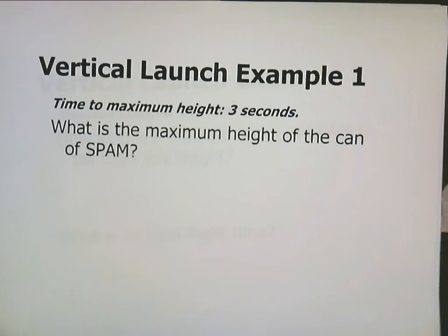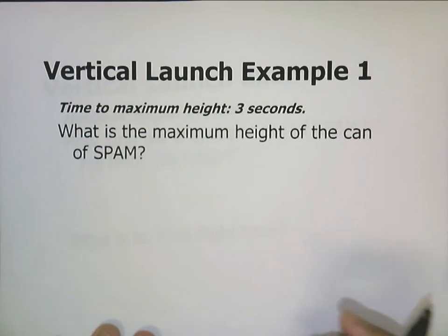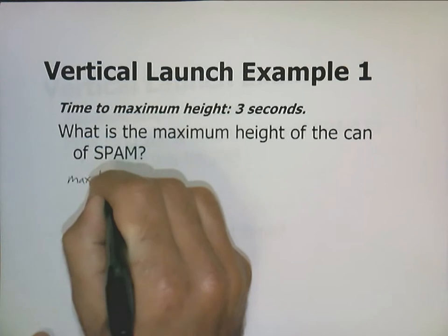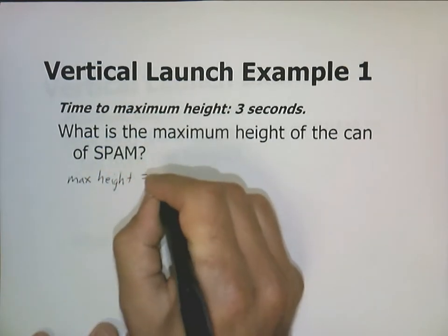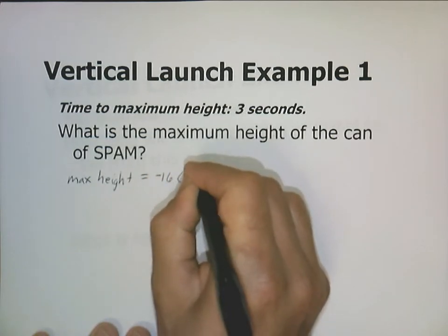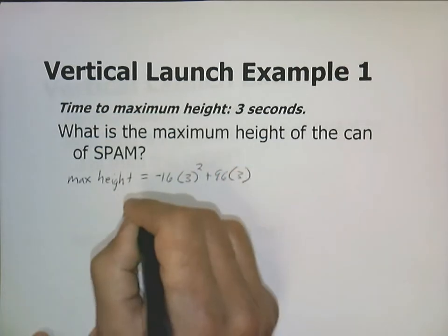But now we want to know, what is the maximum height of the can of Spam? And all we got to do there is plug in that t value into the equation. So the maximum height we get just by plugging t into the equation. So this is going to be -16 times that time, 3 squared, plus 96 times 3.